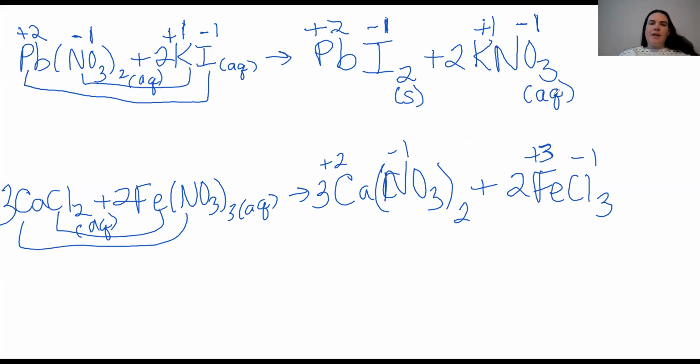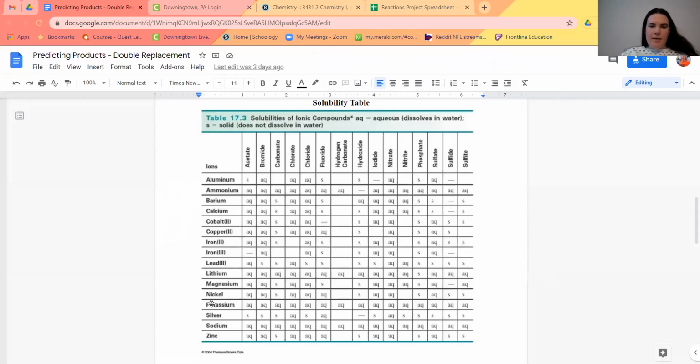For our second reaction, we already have the left side, so we don't need to check those. We're going to be checking for calcium nitrate and iron 3 chloride. Calcium nitrate: calcium and nitrate is AQ, so that one will be aqueous.